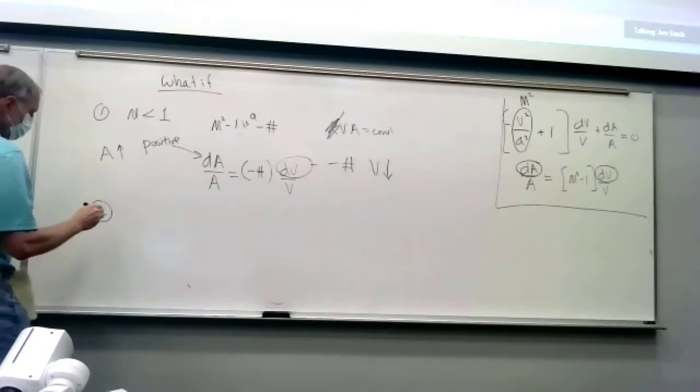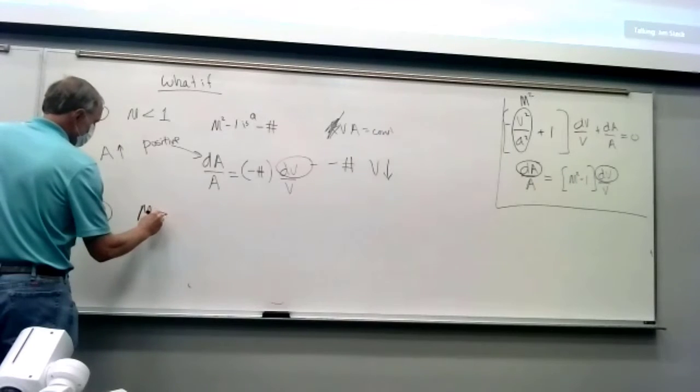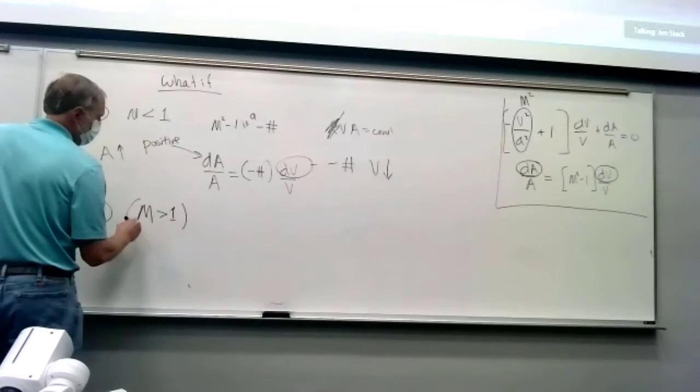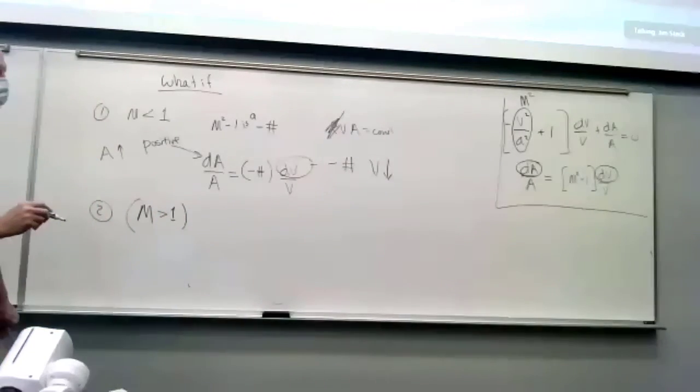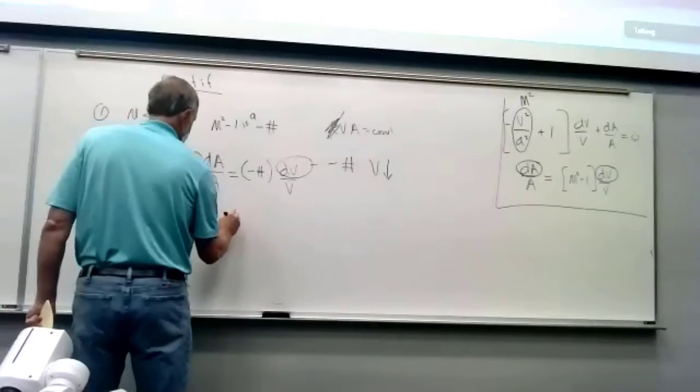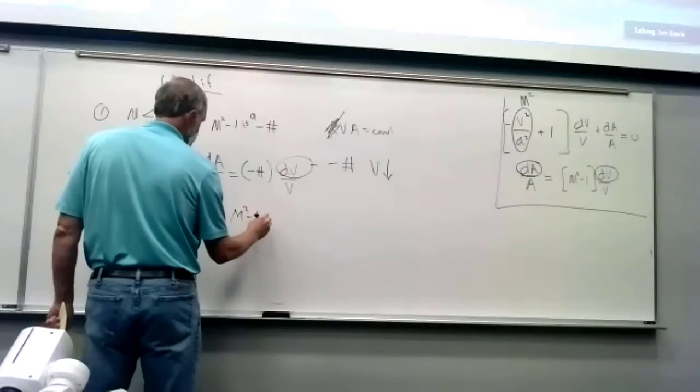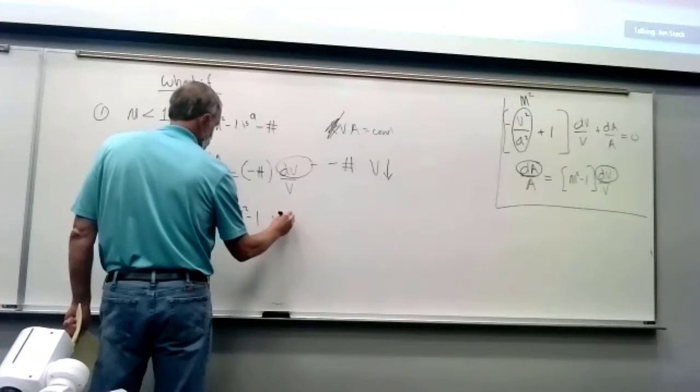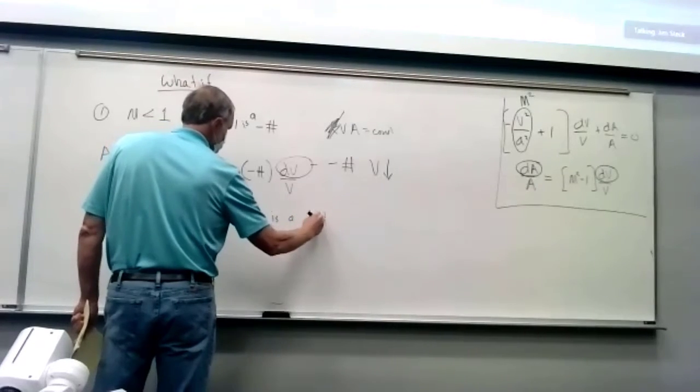Scenario number 2. Mach number is greater than 1. I think you can see what's going to happen, right? So now M squared minus 1 is a positive number.